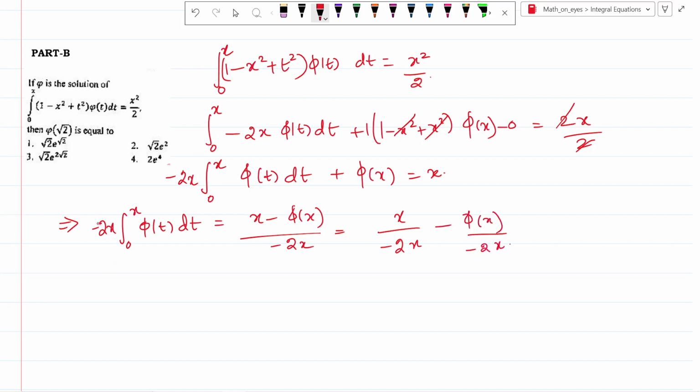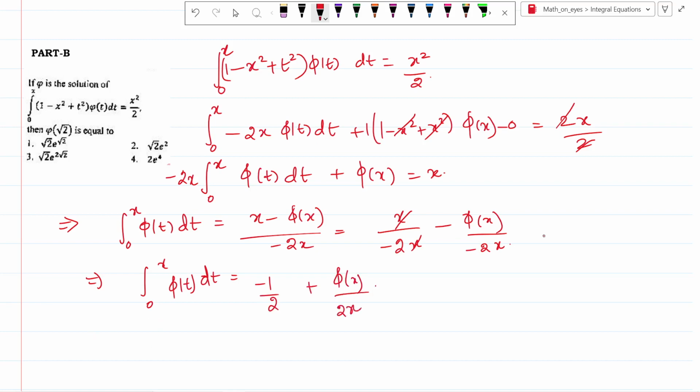So I have brought this minus 2x here. So integral 0 to x phi of t dt is equal to, x cancels, it is minus 1 by 2 plus phi of x divided by 2x.